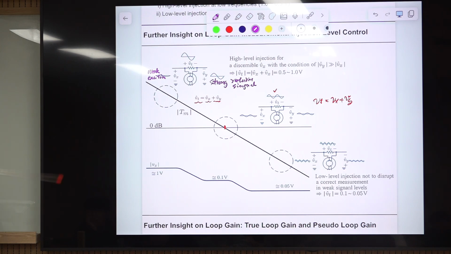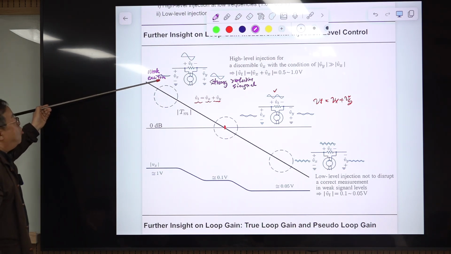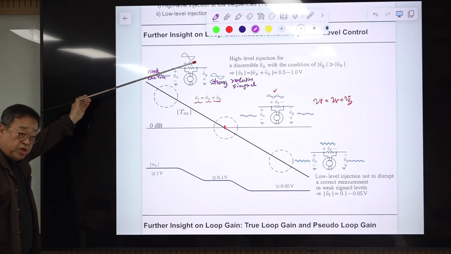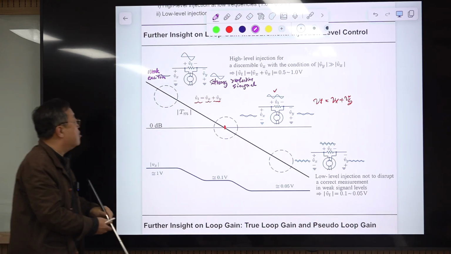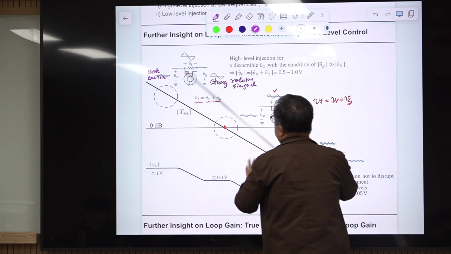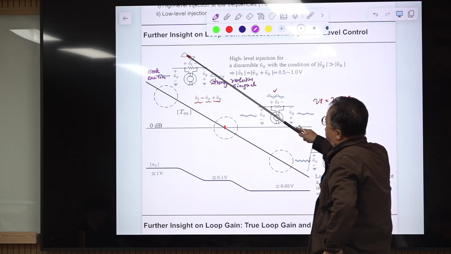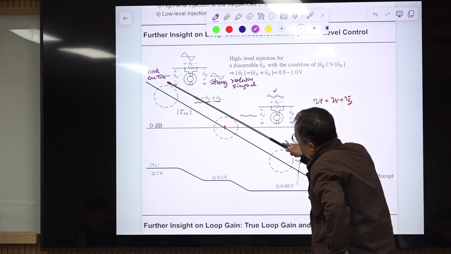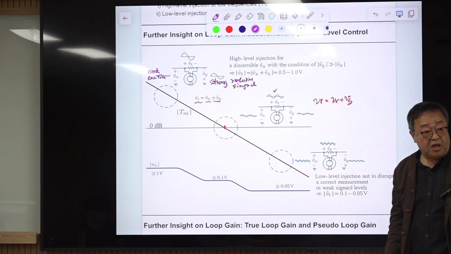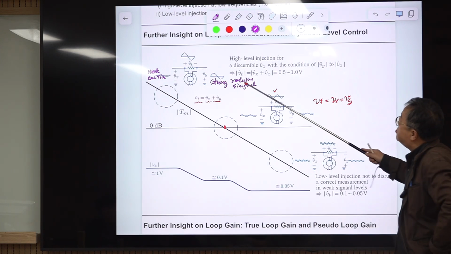To make this stronger, you need a large input voltage, a large excitation voltage. So you are injecting a relatively large magnitude at low frequency. Then this will be large, and this will not be that weak. This is discernible.